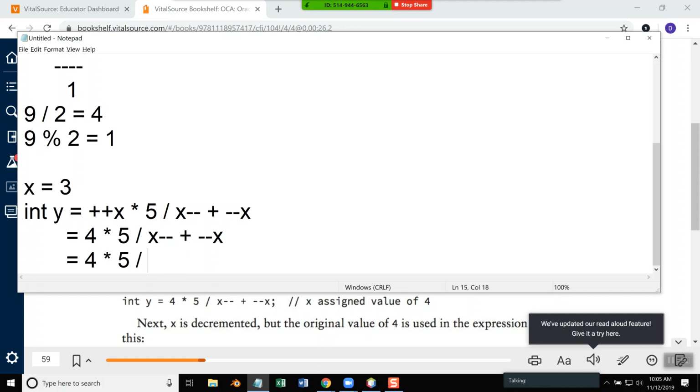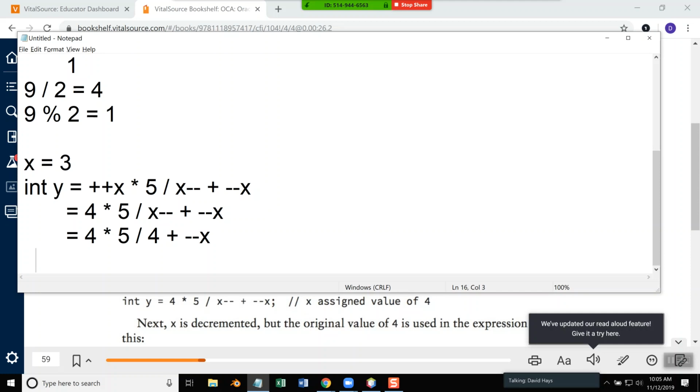Okay, so I think this would be the old value of 4, but then I'll decrease it after we get down to the line. And back to 3, I think.